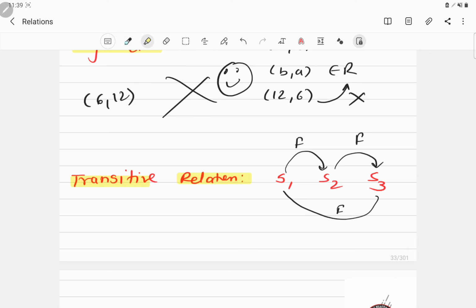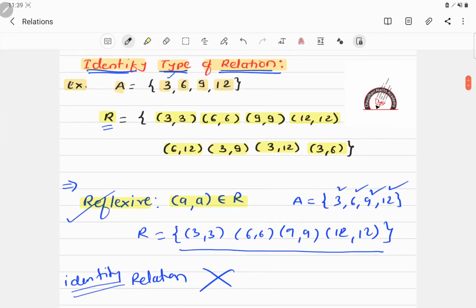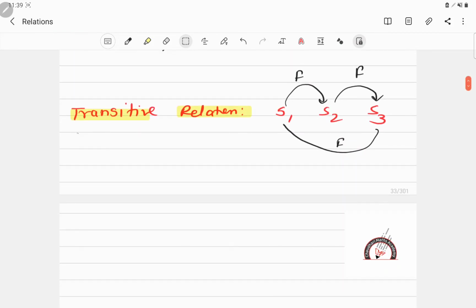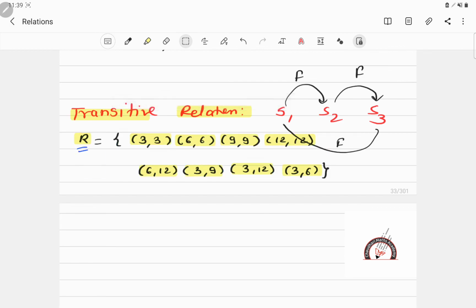So let's check whether at least one such transitive relation exists in this relation R or not. So let me copy this over here and cross check for the transitive relation. Okay, this is the overall relation which is given, and let me focus on the transitive relation now.